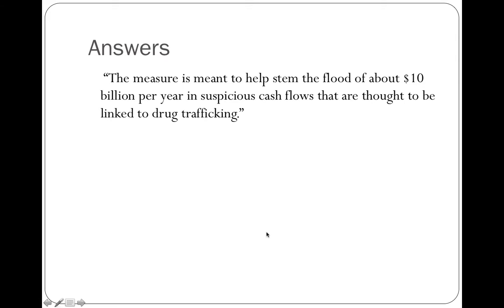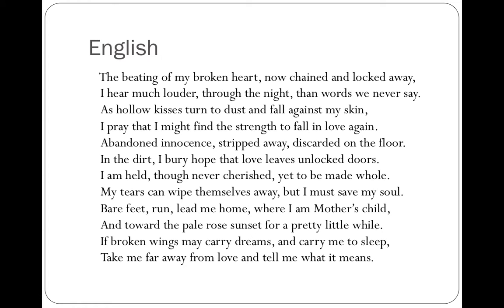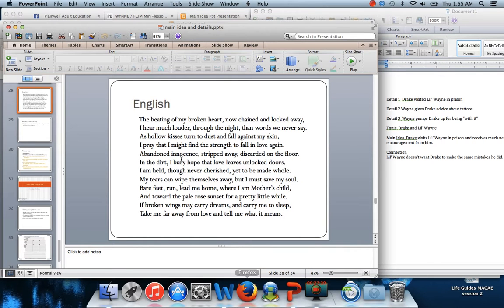So what they're trying to do is to keep them from being able to cash in their different monetary items, dollars to pesos to francs to euros, in order to keep drug trafficking down. Okay.